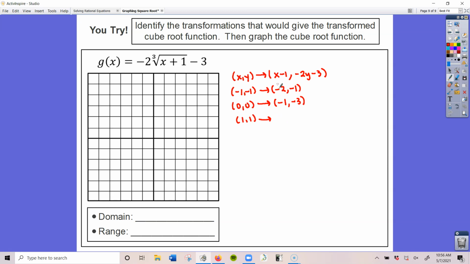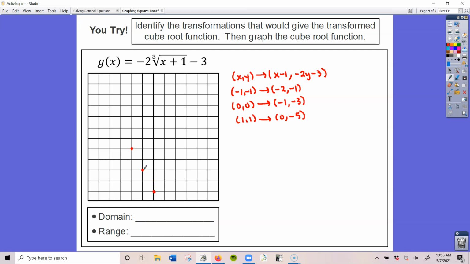Finally, when I plug in 1, 1 minus 1 is 0, and negative 2 times 1 is negative 2, minus 3 is negative 5. So I have these 3 points. I'm going to go ahead and plot that: negative 2, negative 1, negative 1, negative 3, and 0, negative 5.